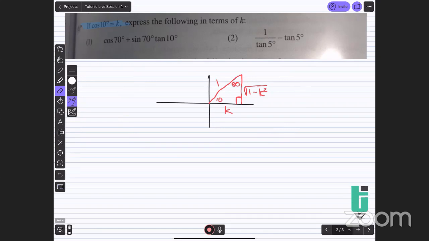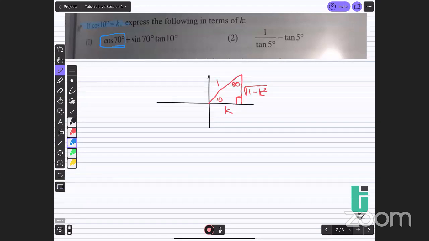Double and compound. So now you have to ask yourself, cos 70, can I create that? We don't know cos 70 in terms of k, but can we create 70 from the triangle? How?